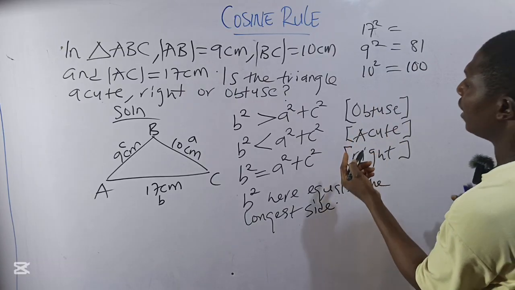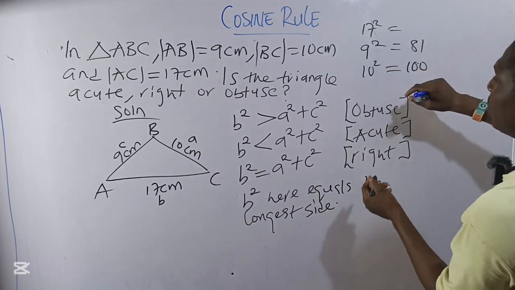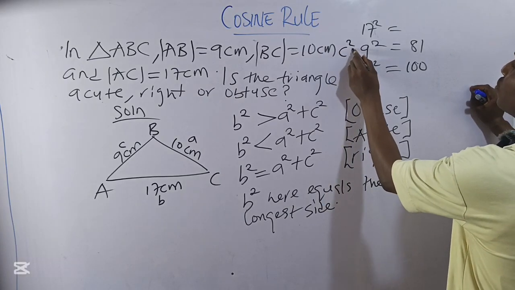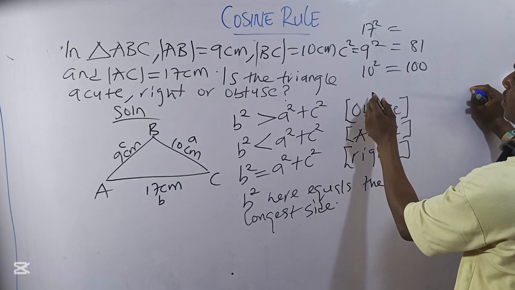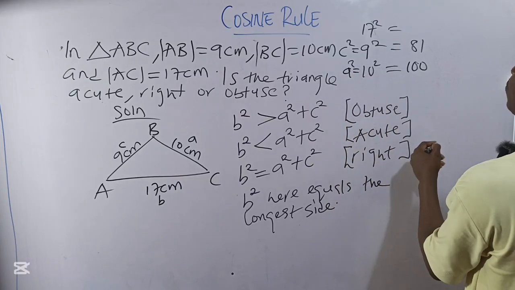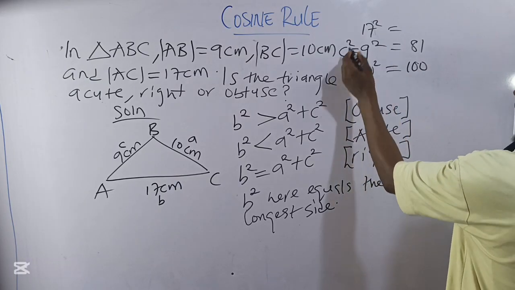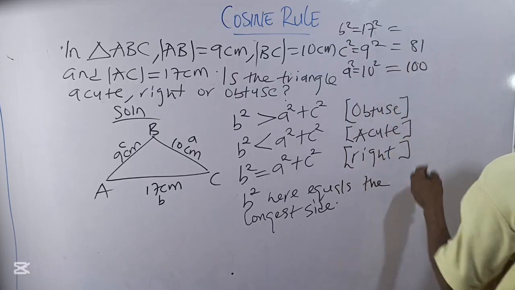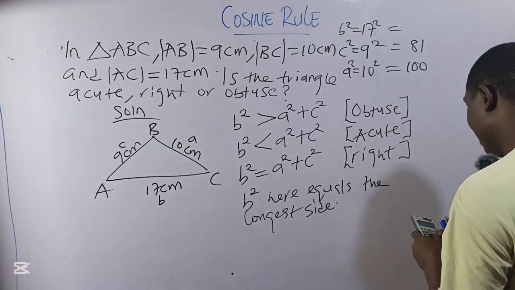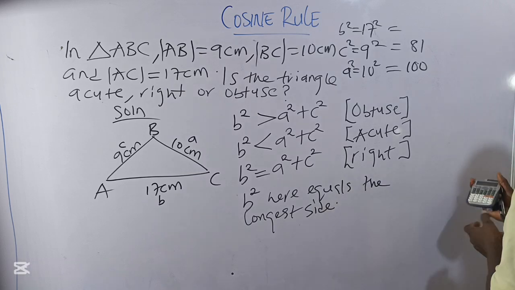Remember that C square equals 9 square, and A square equals 10 square. And B square here equals 17 square. And 17 square is what? To save our time, 17 square is 289.